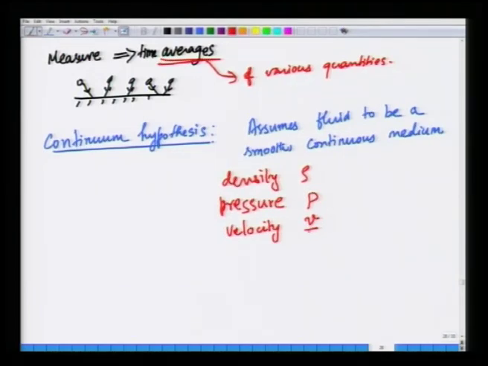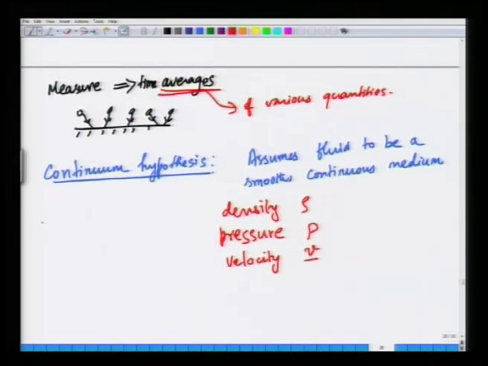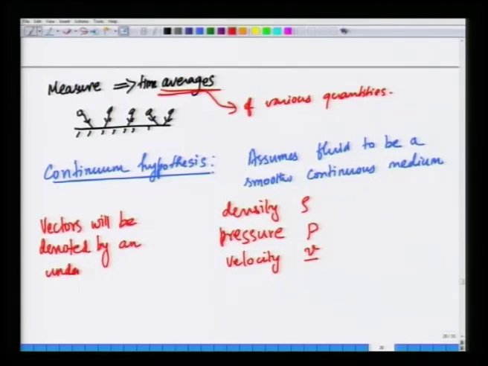So, in this course, the notation for vectors will be denoted by an underscore. So, v underscore means it is a vector.